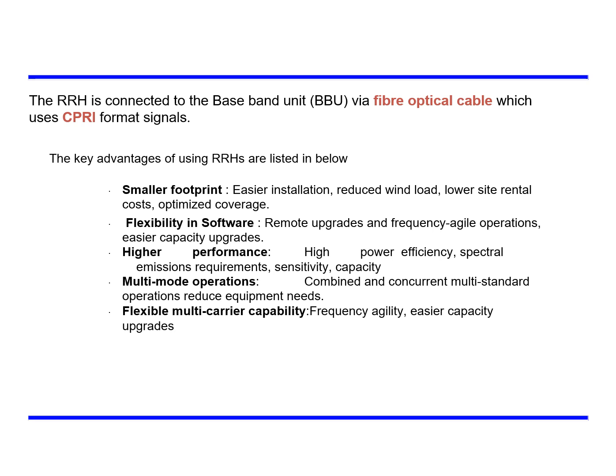Then flexibility in software, remote upgrades and frequency agile operations, easier capacity upgrades, higher performance, high power efficiency, spectral emission requirements, sensitivity and capacity, multi-mode operations, combined and concurrent multi-standard operations reduce equipment needs, flexible multi-carrier capability, frequency agility, easier capacity upgrades. So these are the key advantages of using RRHs.